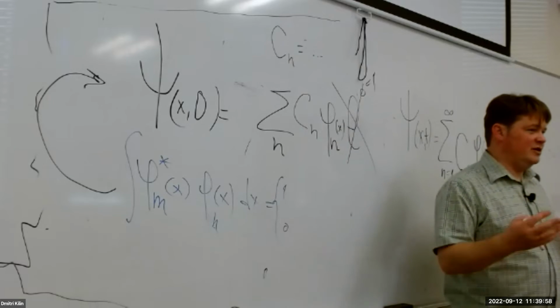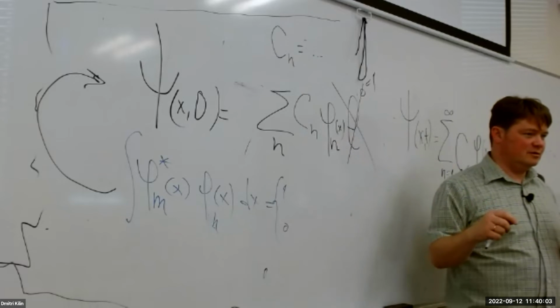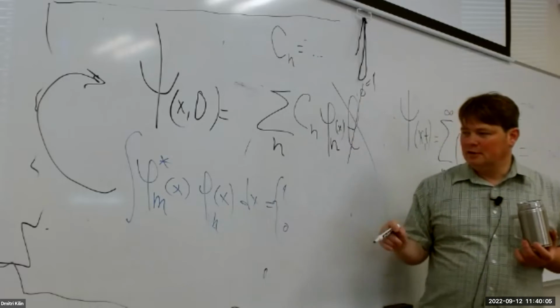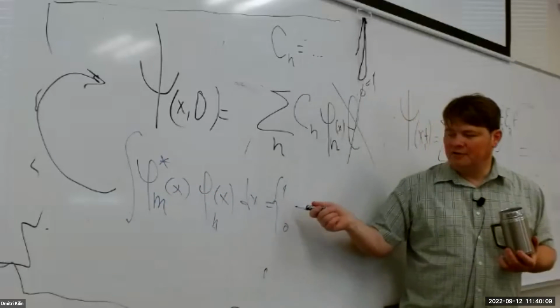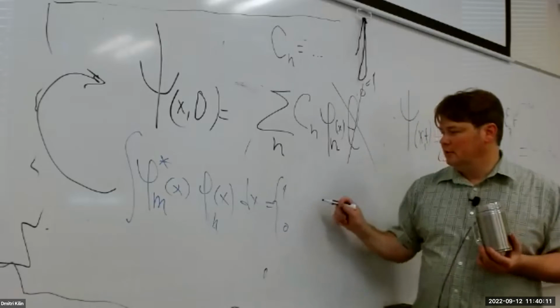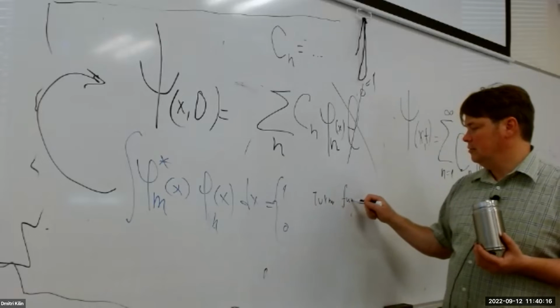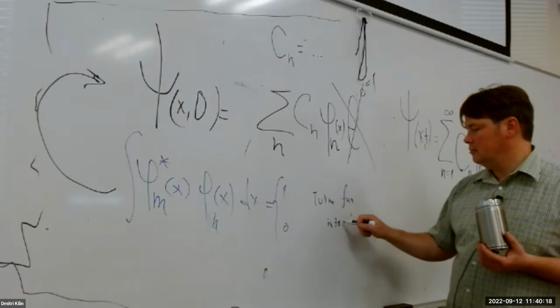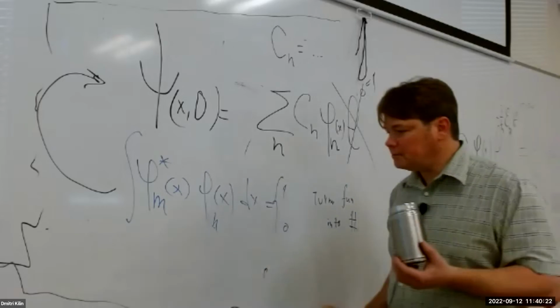They're there, but they shouldn't be there. And we cannot cancel them because they're different. But we have help. If we multiply one function by another and integrate, they convert into a number. So turn functions into numbers. This is the logic.